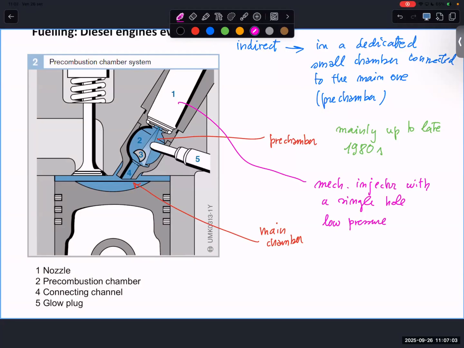Low can be on the order of maybe 100 bar. So the fuel was injected in a small chamber. From the small chamber, there was the passage to the main chamber. Injected here, combustion started due to the high pressure. The piston was going down, and so through this hole the fuel was spread to the air, which produced a better mixing of air and fuel.